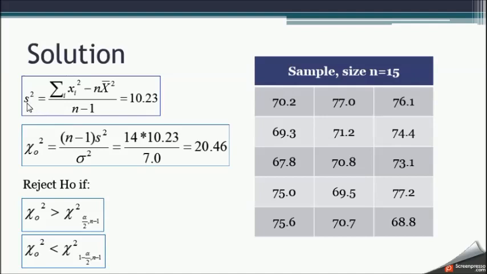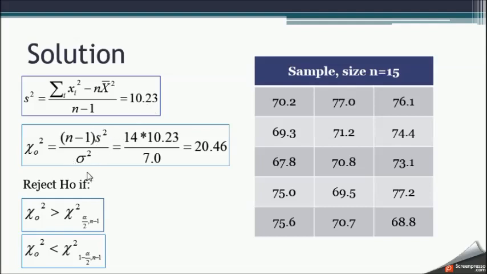Firstly, we are going to calculate the sample variance. Using this equation, we can directly compute the sample variance. We found that the sample variance is 10.23. So simply also we're going to calculate the chi-naught square, which is our test statistic. We have n to be 15, so 15 minus 1 we have 14. The sample variance here we have 10.23.